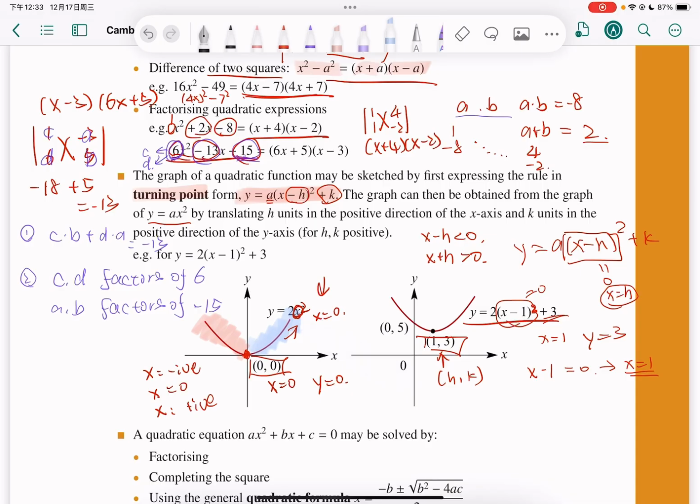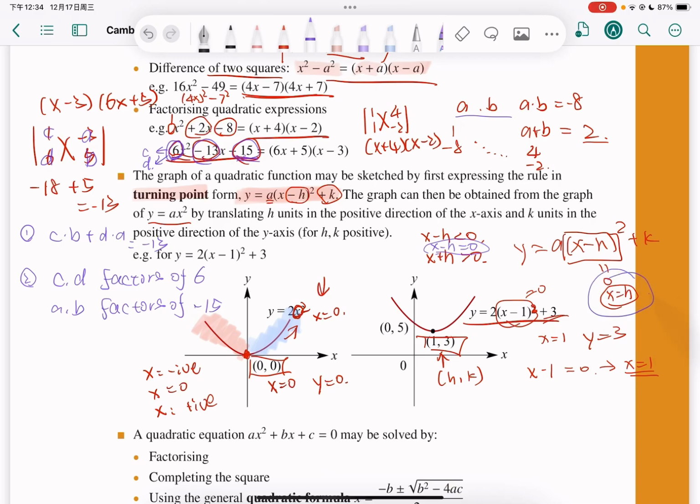So to find the turning point, we need the point between them, which is x minus h equal to 0. That's when x is equal to h.